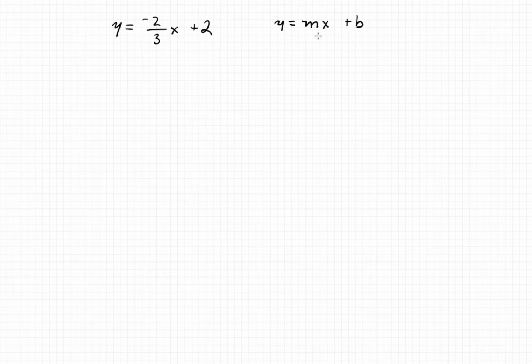So your x and your y together give you a location on a graph where you put a point, and that point is going to be on the line that corresponds with this linear equation.